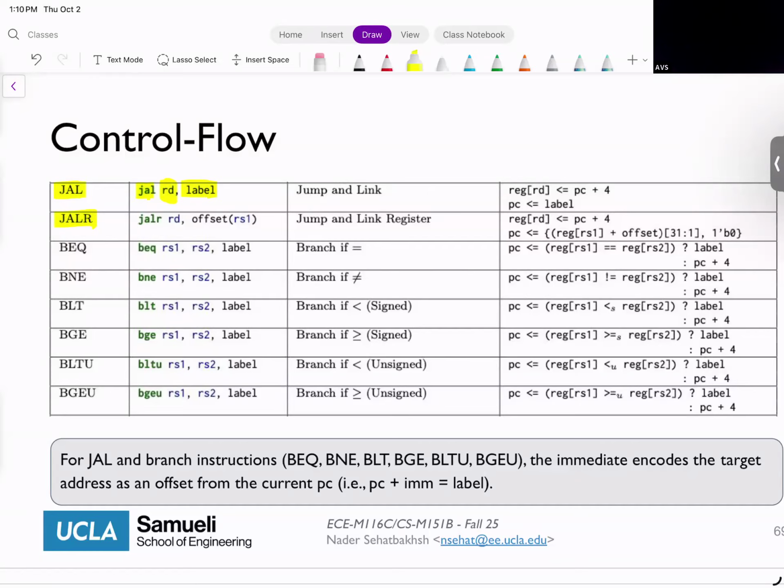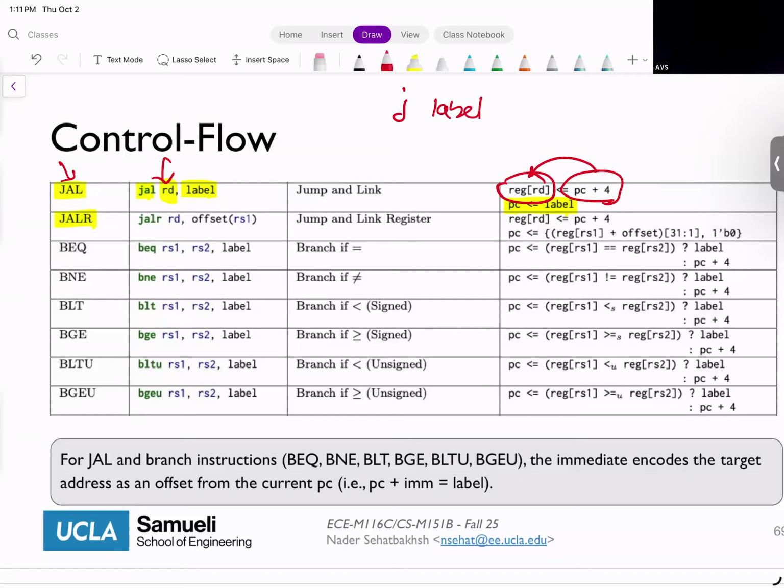So basically what happens is that the label is written to the PC. You provide a number, and that number will be stored in the PC. Okay? And since this is a linking operation as well, it also saves PC plus 4, which is the next instruction, into the destination register, which is RD. Okay? If this was just a jump instruction, it would have been like this: jump label.